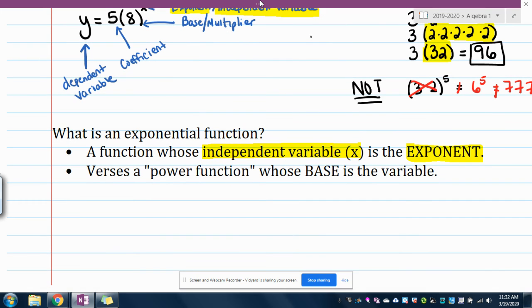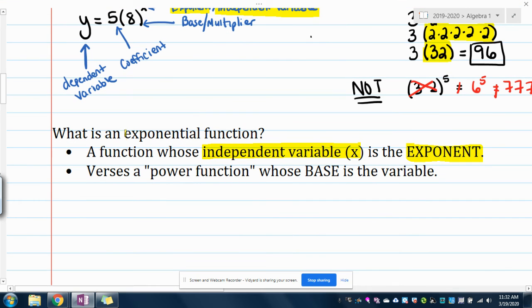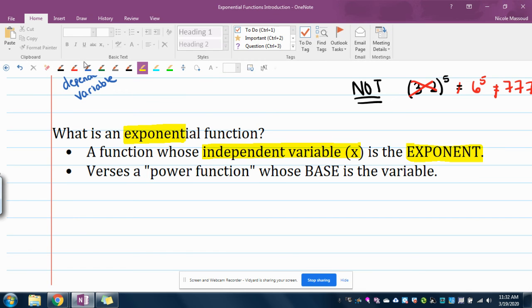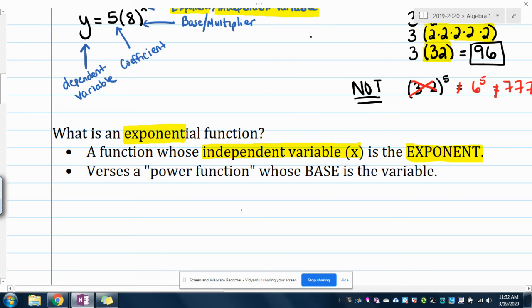Versus a power function. So here, exponential function has the word exponent in it. So it's important to note that your variable is your exponent versus a power function whose base is a variable. So we've done this. A quadratic function is y equals x squared, where my independent variable is my base.